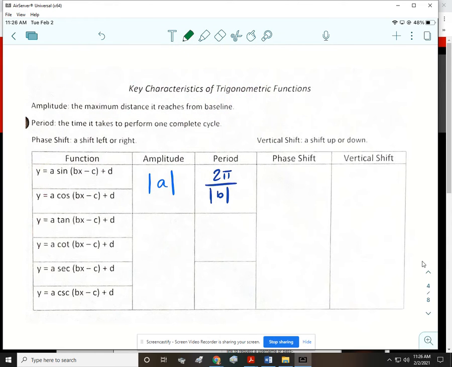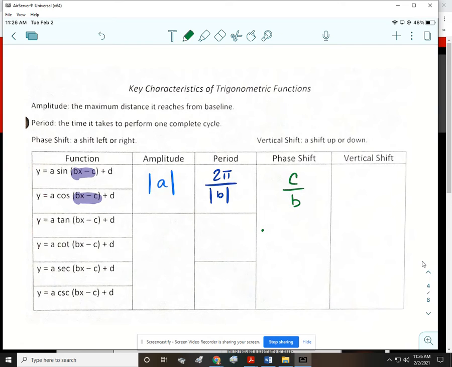The phase shift is a shift left or right, and that is going to come from what's inside of the parentheses, and we actually use the C and we use the B. So what we'll do is take C and divide it by B. That's the amount that you're going to shift.